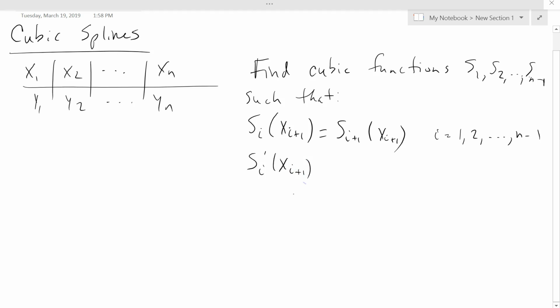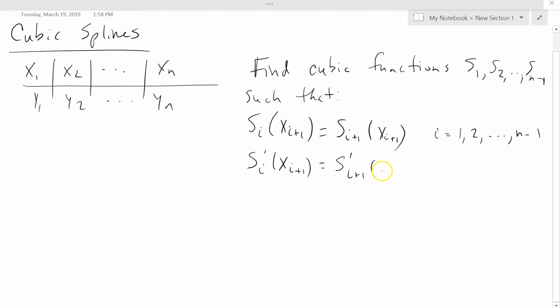So when I do the derivative at the left endpoint, I get the same as the derivative at the right endpoint for the ith one. I want to make sure I get the same as the derivative at the left endpoint of the next one. And then the same thing for the second derivative.